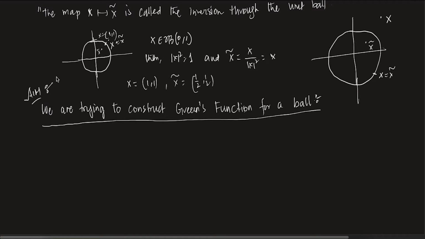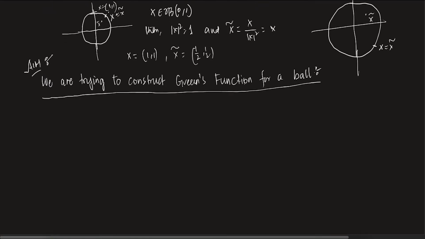We are going to first of all construct a corrector function. So for that, we are going to fix, you remember, I want to fix an x in the domain. In this case, the domain is B(0,1).